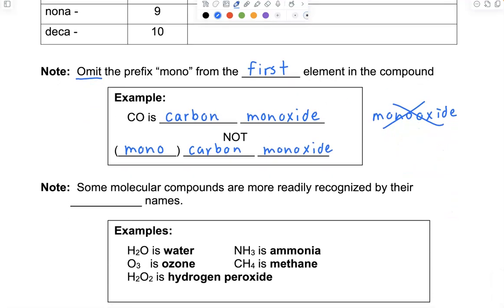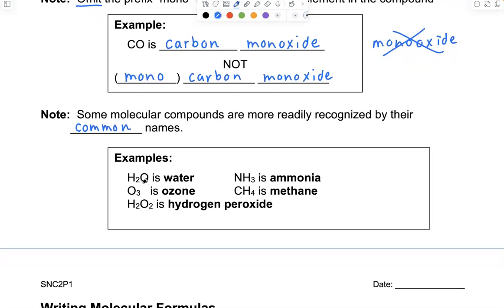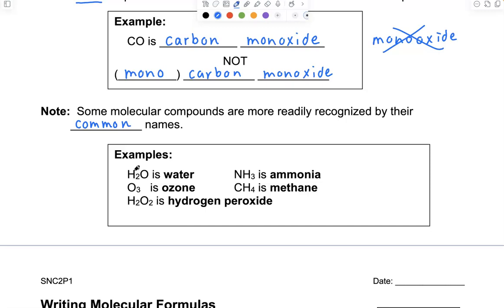There might also be some molecular compounds that are more readily recognized by their common names. So for example, H2O, you might think is dihydrogen monoxide, but we simply call that water.